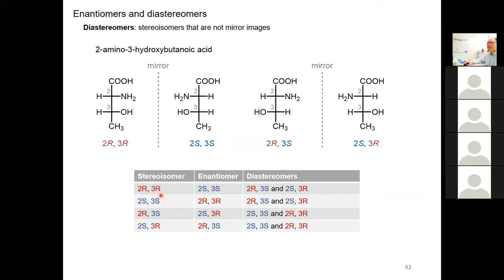If we keep the 3R position and flip the 2 position stereocenter, 2S. So these are 2 diastereomers, okay? For each one of these 4 stereoisomers listed here, it has only 1 enantiomer, but 2 diastereomers.